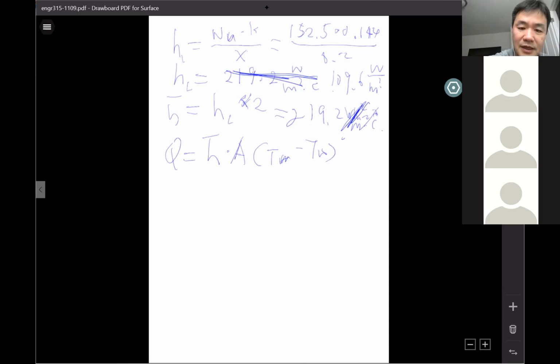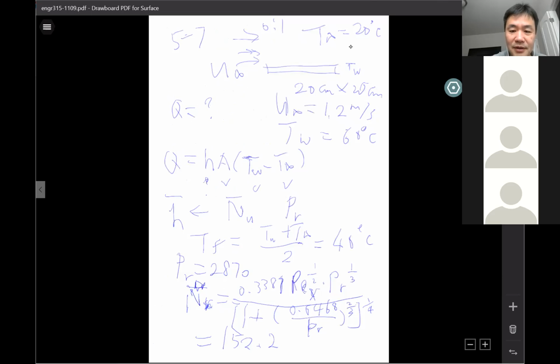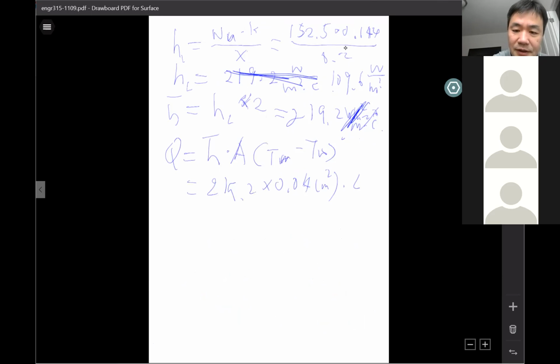So 219.2 times 0.04 meter square, 0.2 by 0.2, times the temperature difference, 60 minus 20, so a 40-degree difference. The total heat transfer is 350.6 watt.